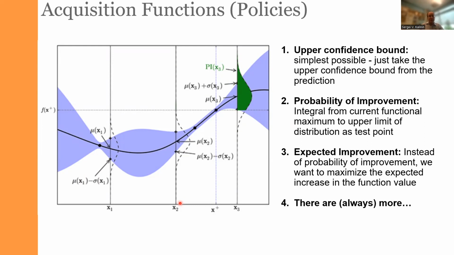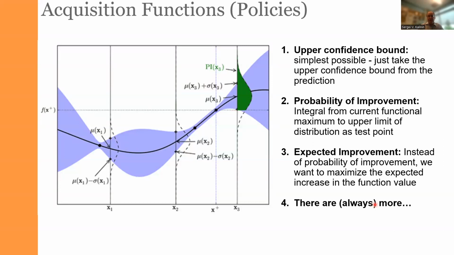In order to represent this optimization goal, Bayesian optimization creates what is called the acquisition function, which somehow combines the expectation of the function value and the uncertainty of the function value. There are multiple types of acquisition function: upper confidence bound, probability of improvement, expected improvement, and strictly speaking, you can always create more.